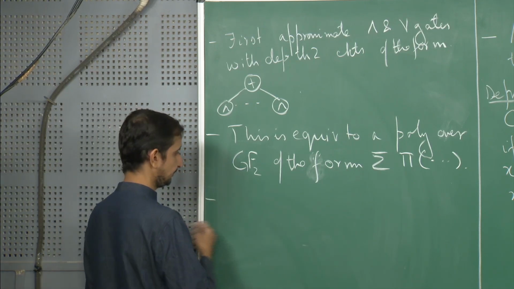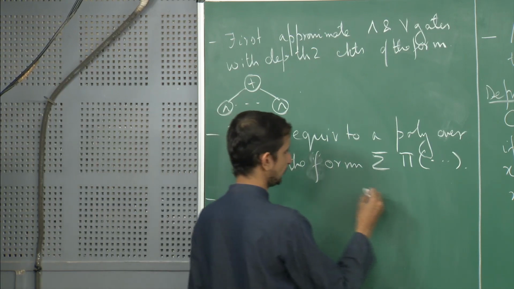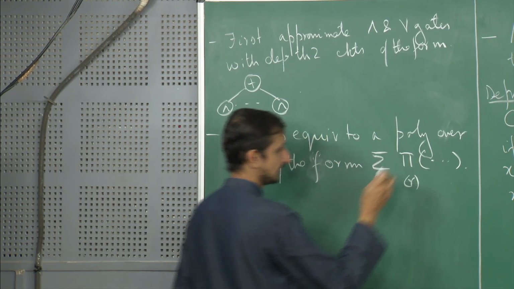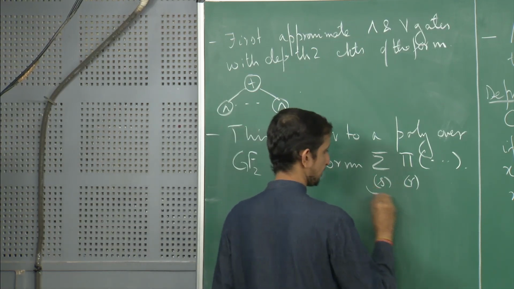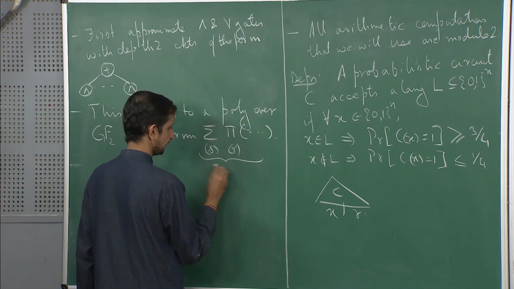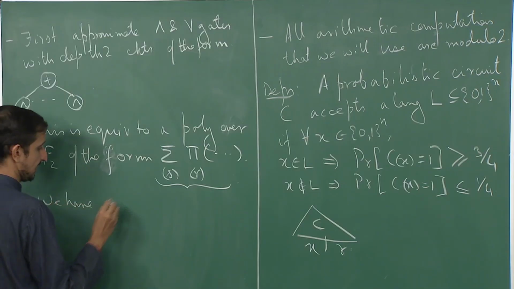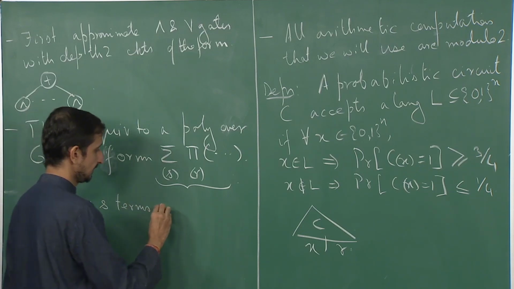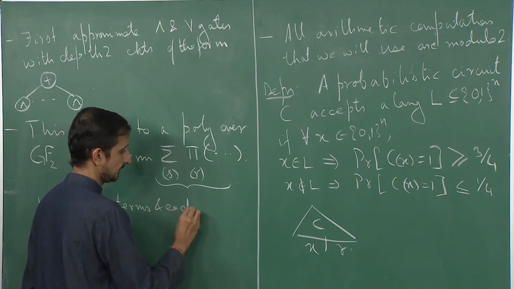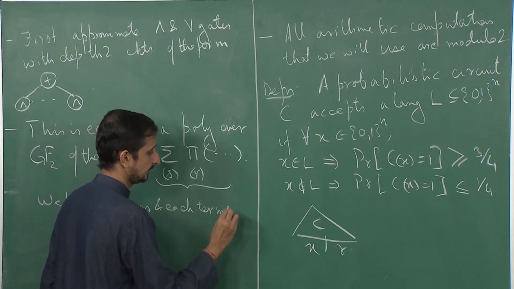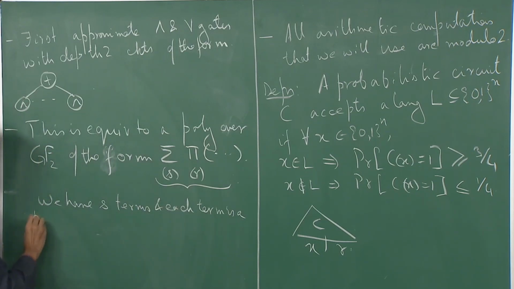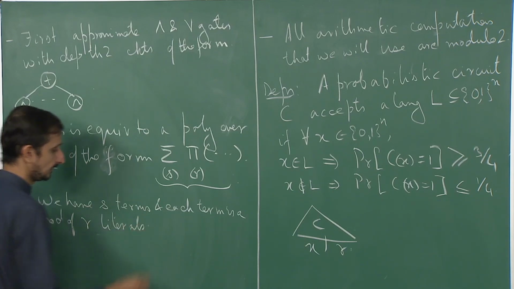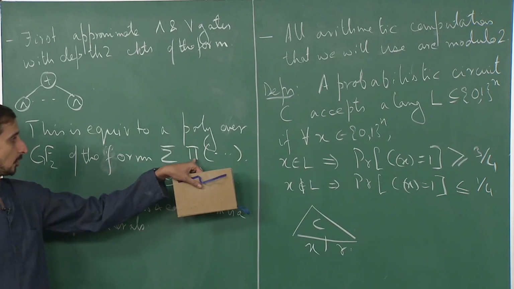Let me use a notation over here: sigma pi with S and R. Essentially this means that we have S terms and each term is a product of R literals or inputs.